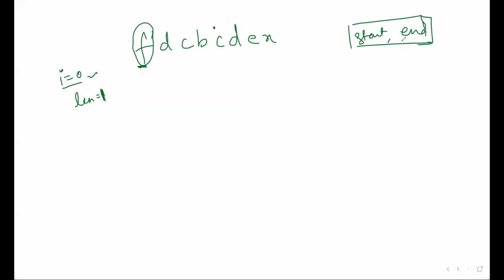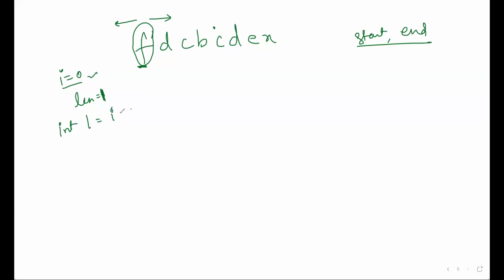So let us focus on the starting and ending points of the palindromic substring as of now. We need two points: one will move in the left direction, one will move in the right direction. So I can write L as I minus 1. Wait, we are missing one thing.